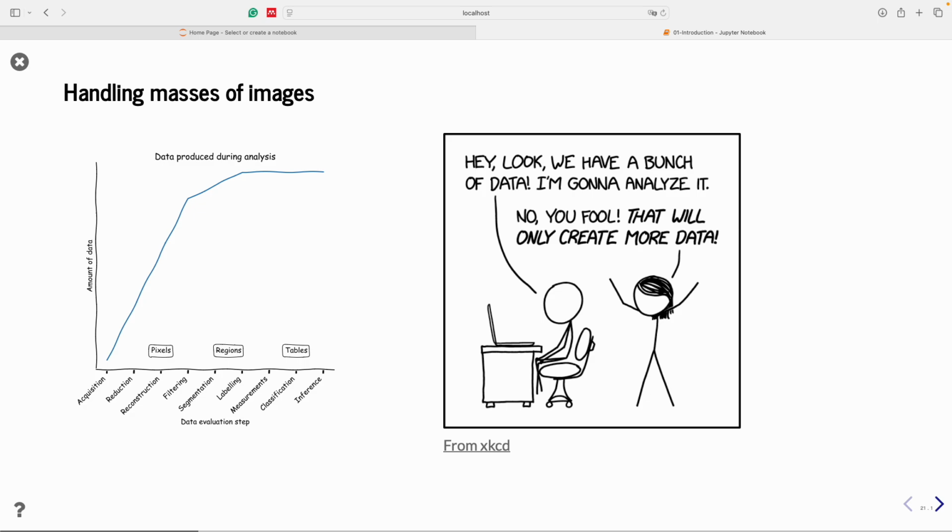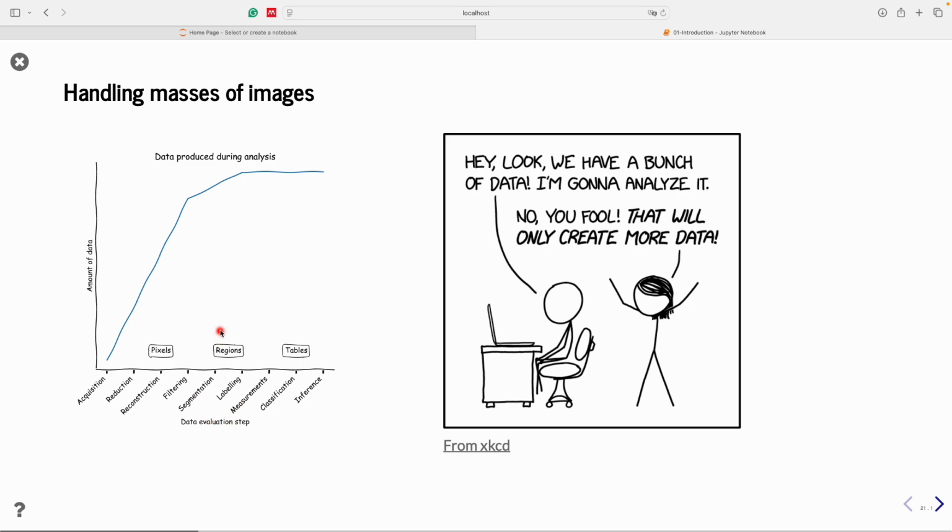And then when you do the labeling, you can again go into less data. And when you start doing the measurement, then you go into the real data reduction, because then you have identified items, and then you will only have a table saying item 1 has area this, volume that, and so on. And that's a radical reduction in data.